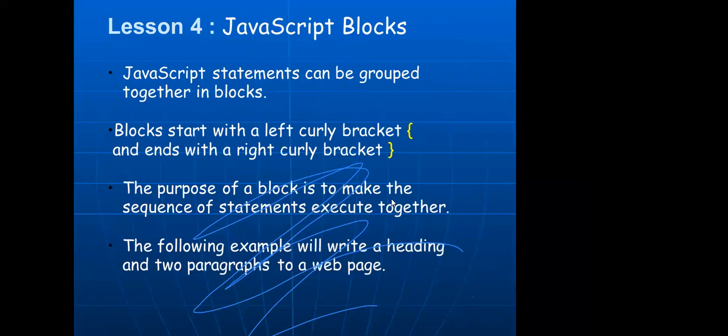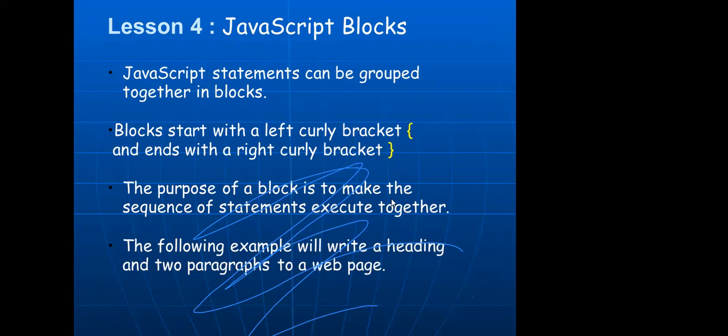JavaScript statements can be grouped together in blocks. A block starts with a left curly bracket and ends with a right curly bracket. Any programming language block is like this, using the same brackets, correct? So here also the same. The purpose of a block is to make a sequence of statements execute together.